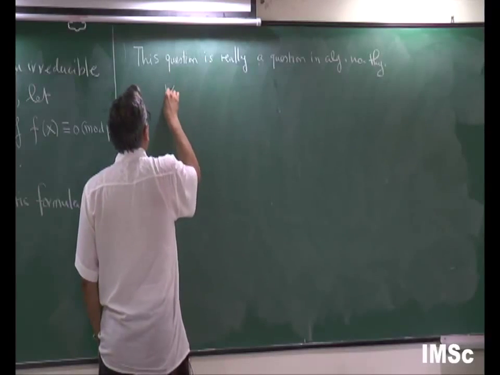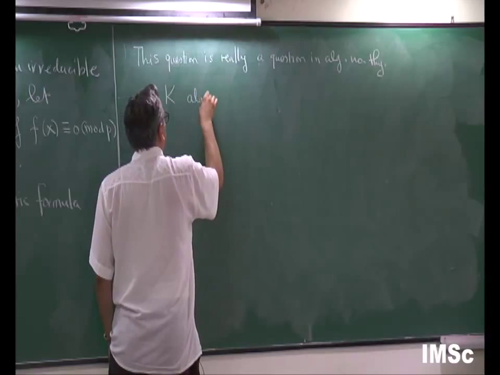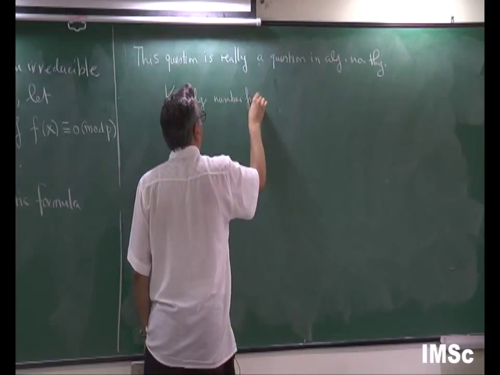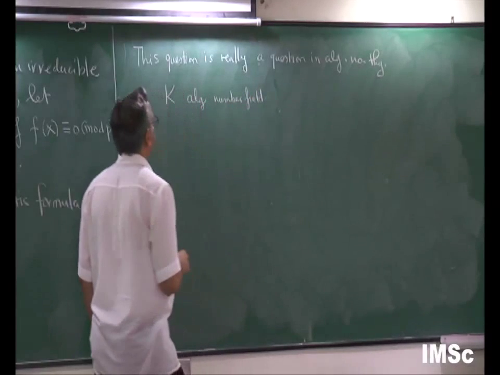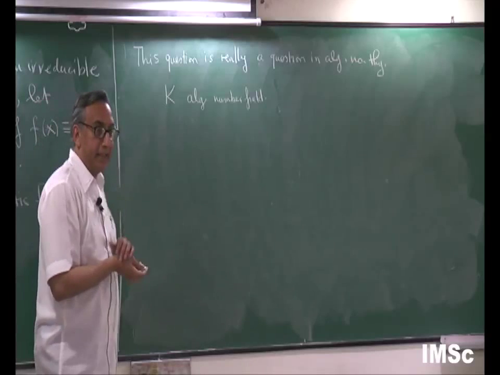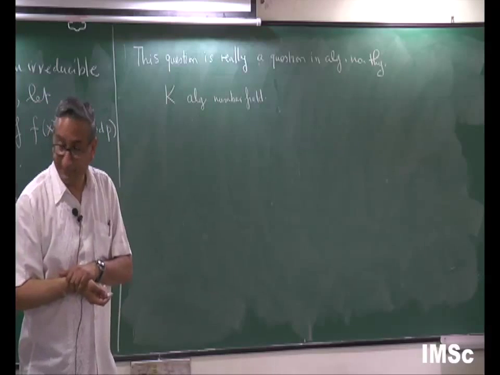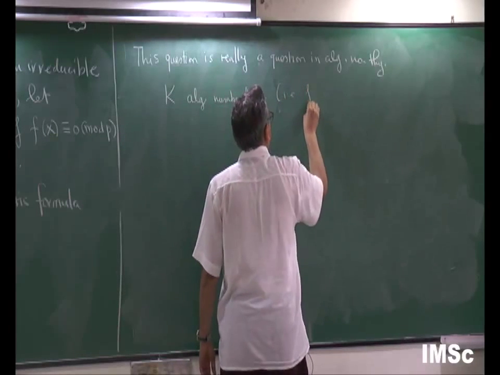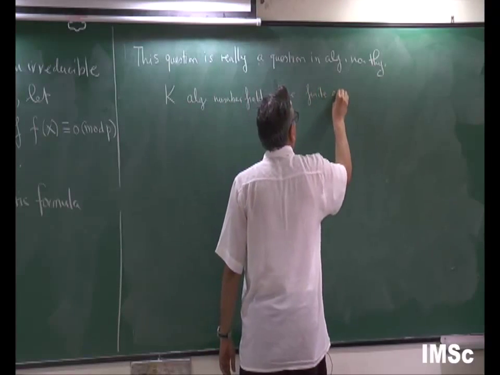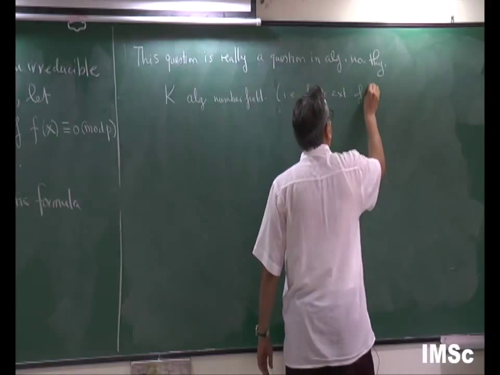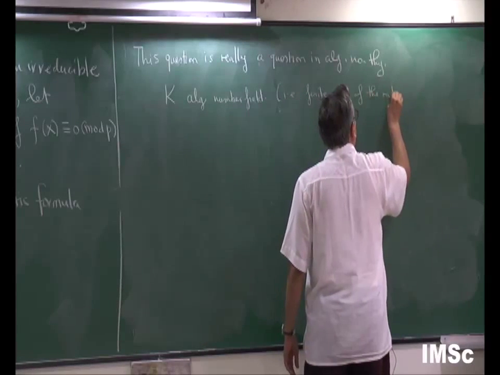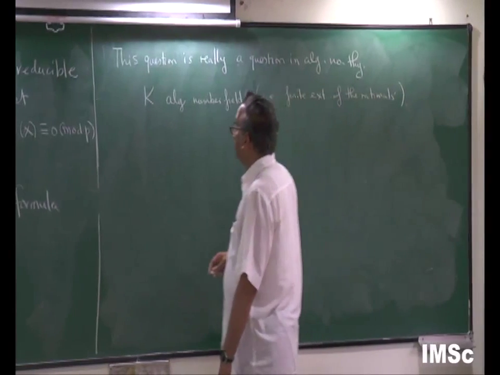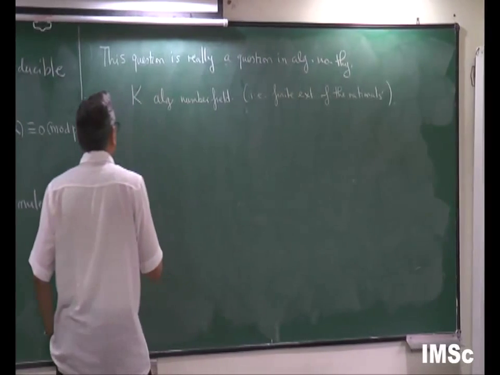So K is an algebraic number field. It means it's a finite extension of the rationals. Okay.